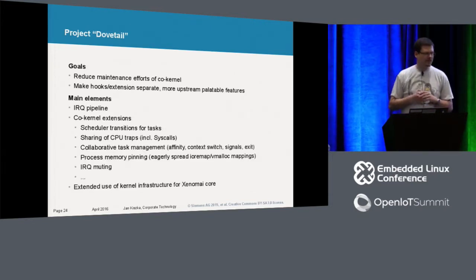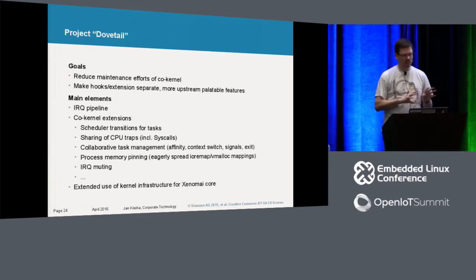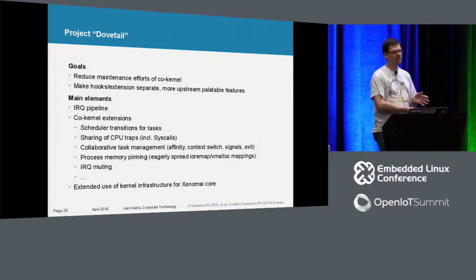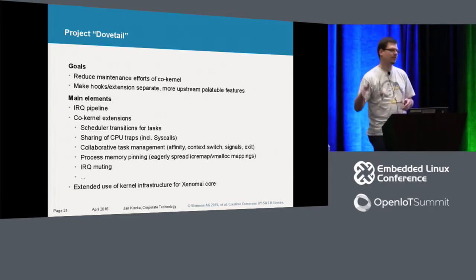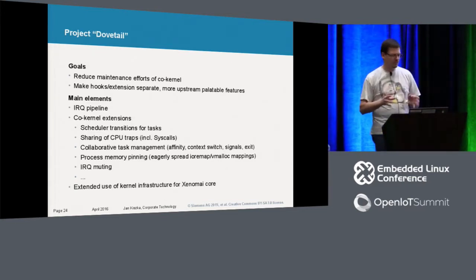The main elements in this approach, the Dovetail approach, are first of all a feature set for the IRQ pipeline, conceptually, to enable that interrupts are not directly delivered from the hardware to the Linux system, but can be directed or redirected along the path, for example, towards Xenomai. And then there are several extensions we need for the co-kernel.